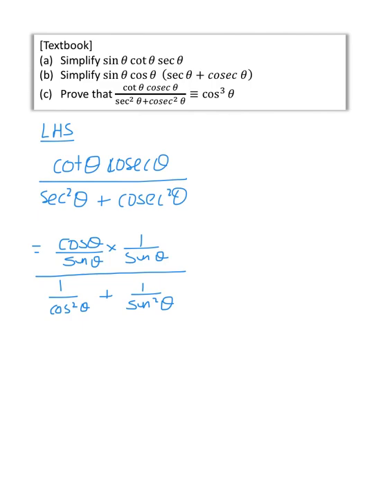Simplifying the top, that will give me cos theta over sine squared theta. And then if I add the two fractions on the bottom, I'll get sine squared theta plus cos squared theta over sine squared theta cos squared theta.